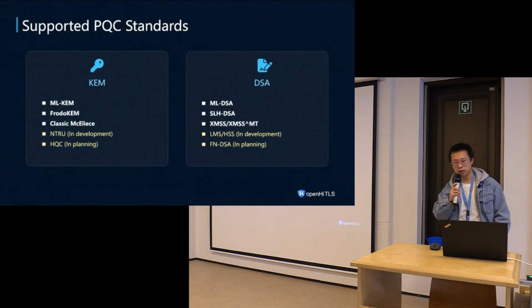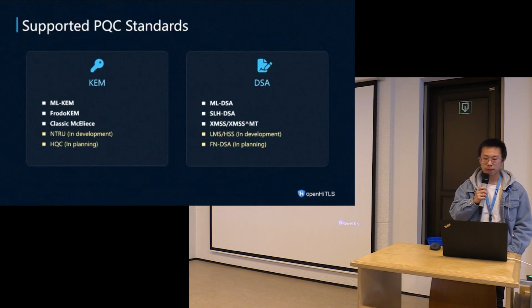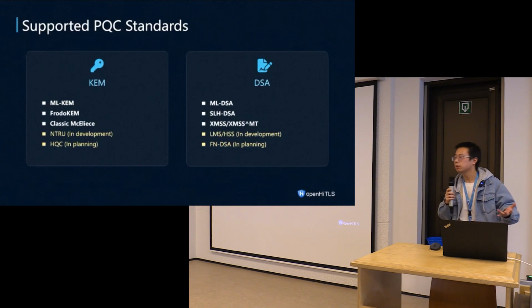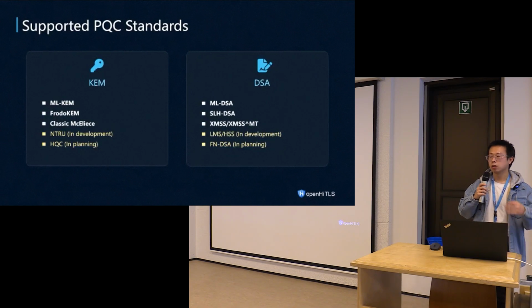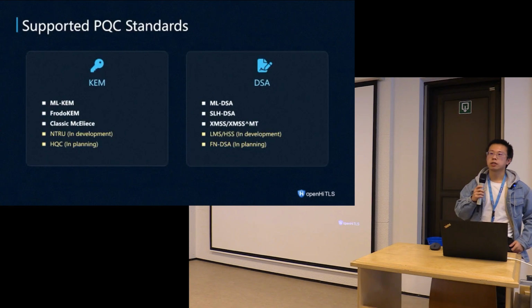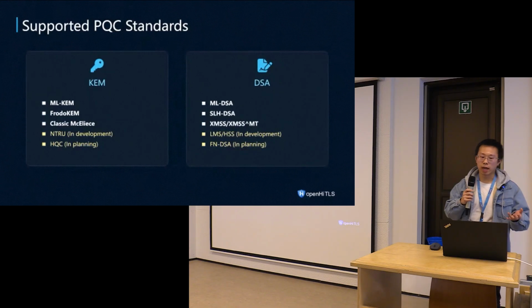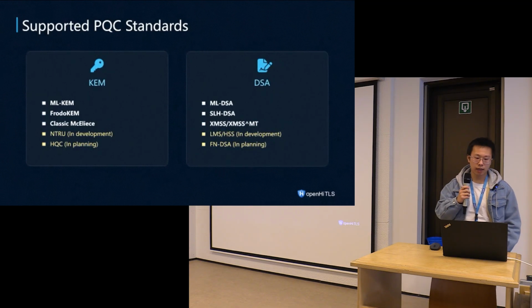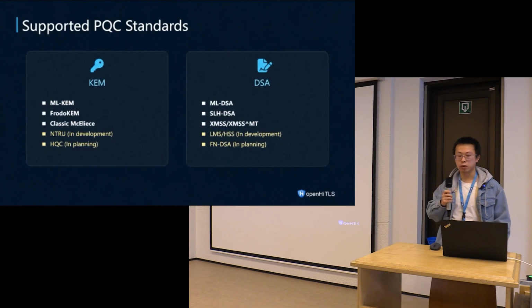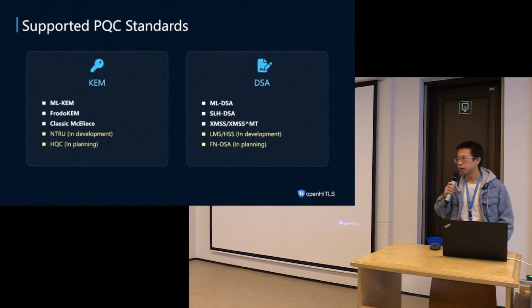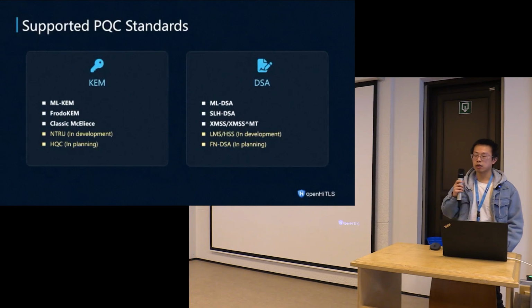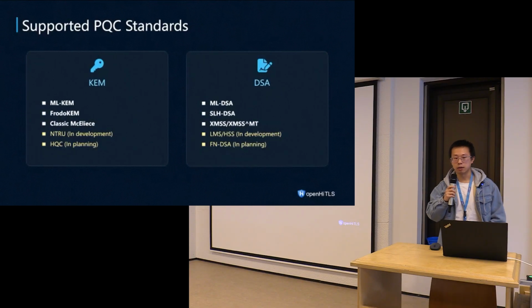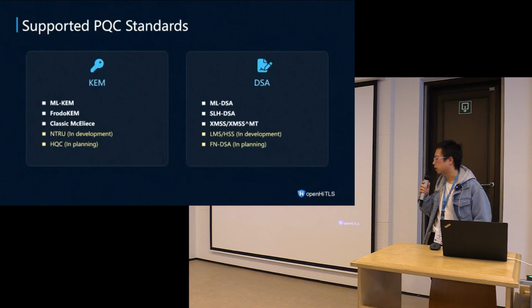For OpenHiTLS, we have ML-KEM fully supported, and for users who want a higher security margin, we have FrodoKEM and Classic McEliece algorithms you can choose. For digital signature algorithms, ML-DSA and SLH-DSA provide lattice-based and hash-based algorithms.